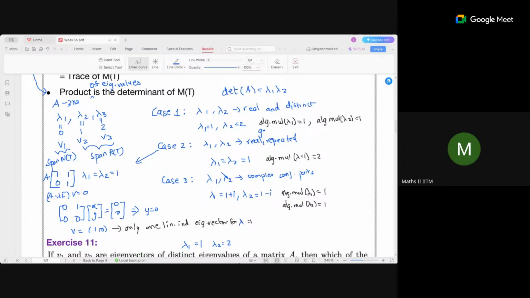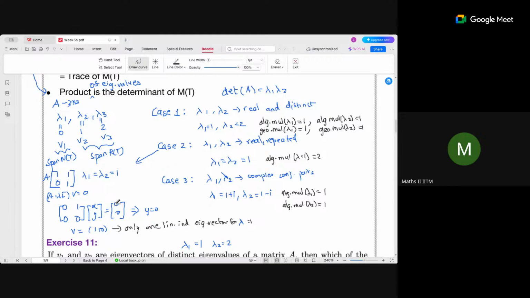Yeah, sorry. So the question is that corresponding to lambda 1 equal to 1, how many linearly independent eigenvectors can you find? One, right? So here the geometric multiplicity is the number of linearly independent vectors corresponding to that particular eigenvalue. So it is 1. Whenever you have real and distinct cases, the geometric multiplicity will obviously be 1.